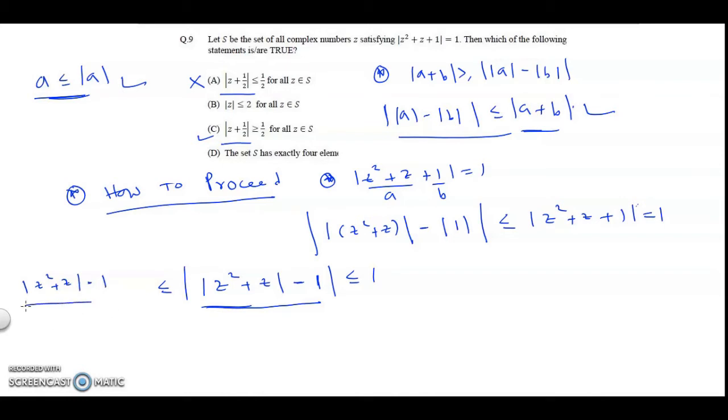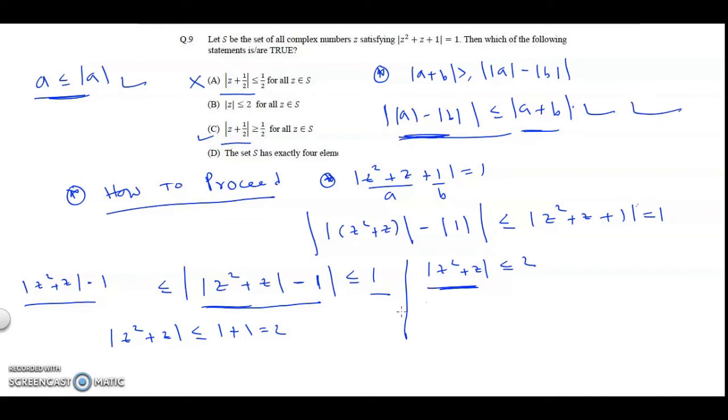So now we will use this one and this one. From this you can write modulus of z square plus z is less than or equal to 1 plus 1, that is 2. So modulus of z square plus z is less than or equal to 2. Now we again use this concept.